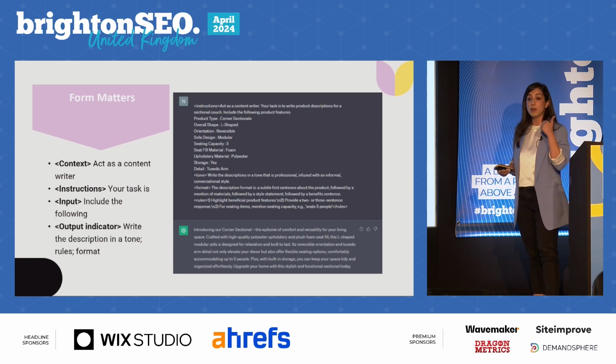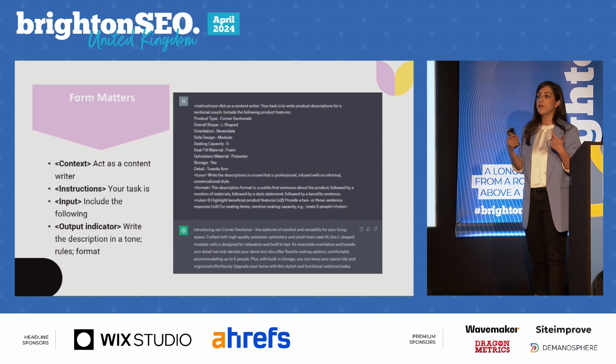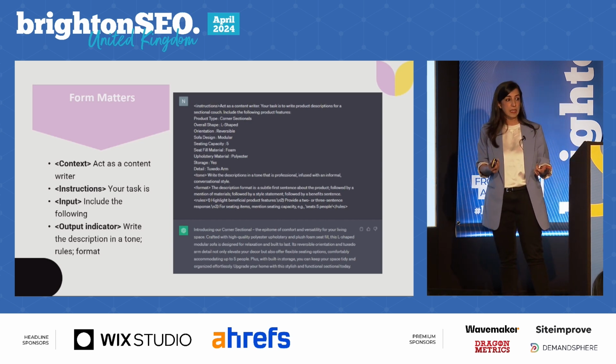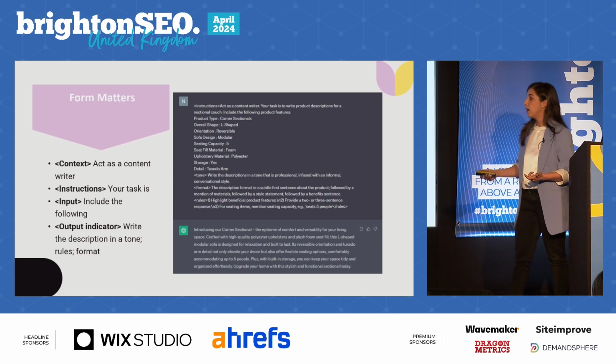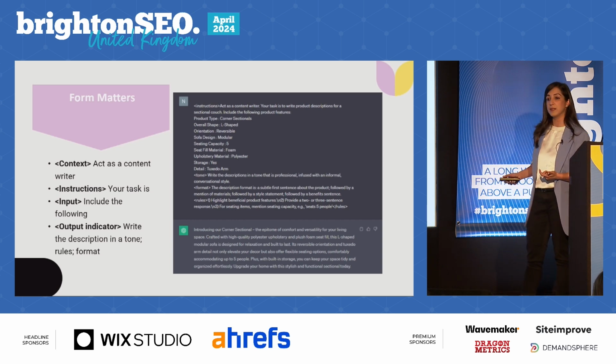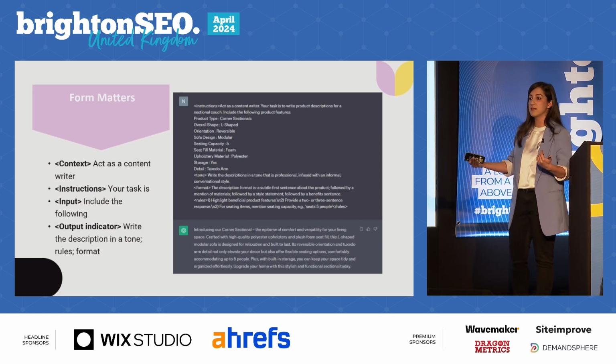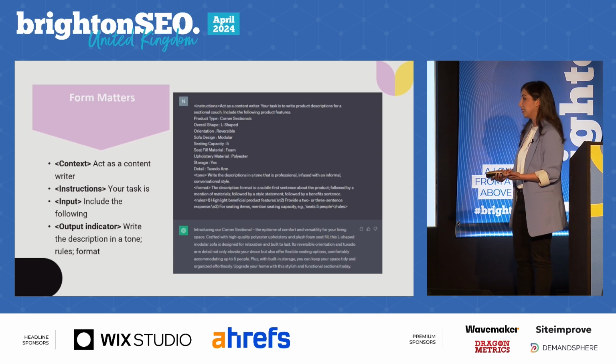Output, not only the length. What kind of tone do you want the description to have? Is it optimistic? Is it friendly? Are you writing an educational article? Make sure that you also describe that here. You can give a rule that maybe the first sentence is about introduction, the second sentence is all about features, and the third sentence is about concluding. That's it.